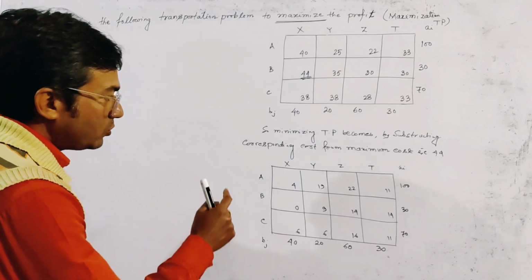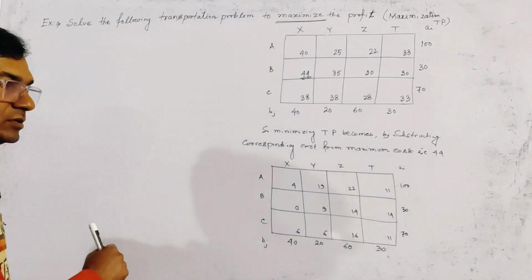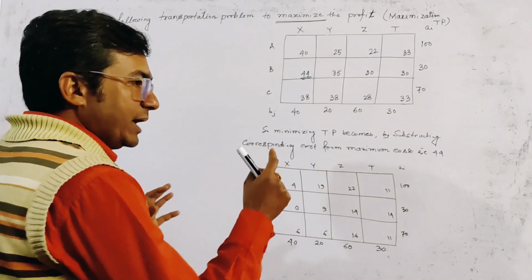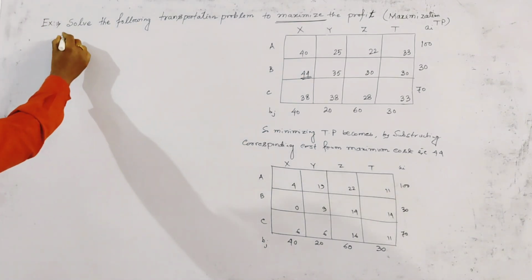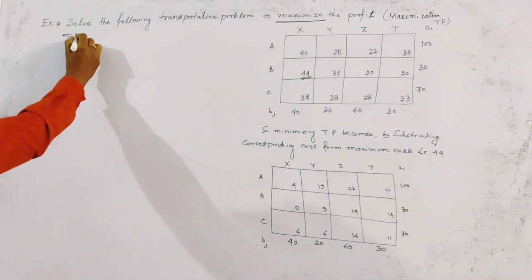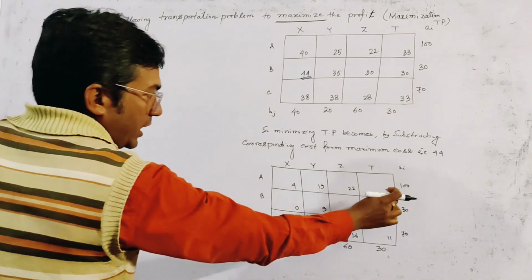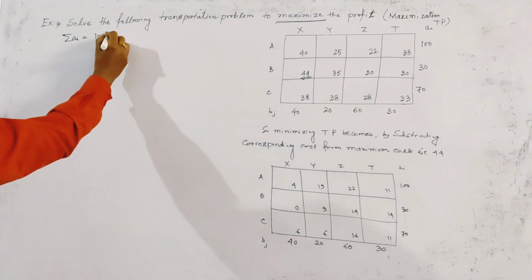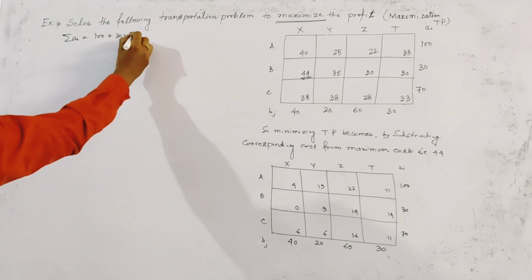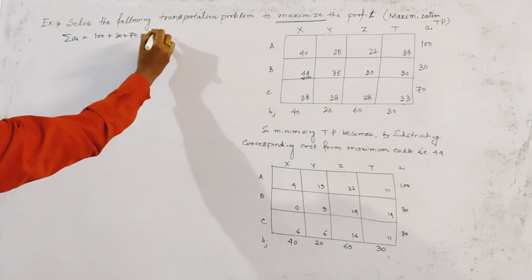Now we first check whether it is balanced or not. To check it, we first find the value of summation ai. This is given by 100, 30 and 70. The sum of 100 plus 30 plus 70 is 200.